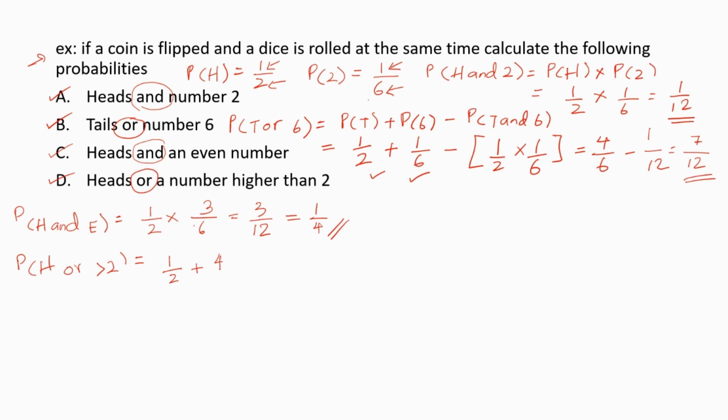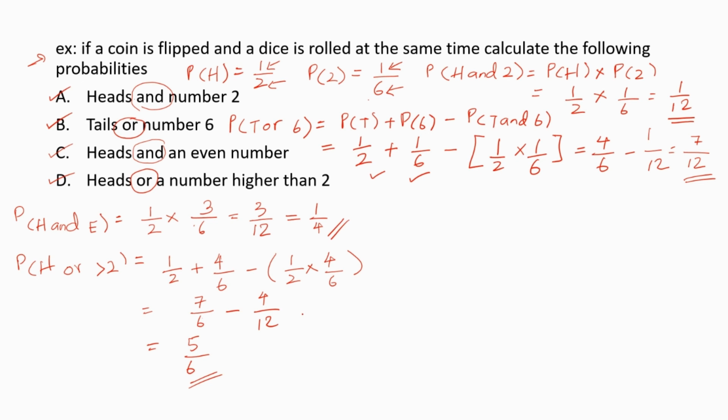There are 4 numbers which are higher than 2, over 6, minus, now we have to multiply these two values. So this equals 7 over 6 minus 4 over 12. You can use the calculator to get the final answer, which is 5 over 6.